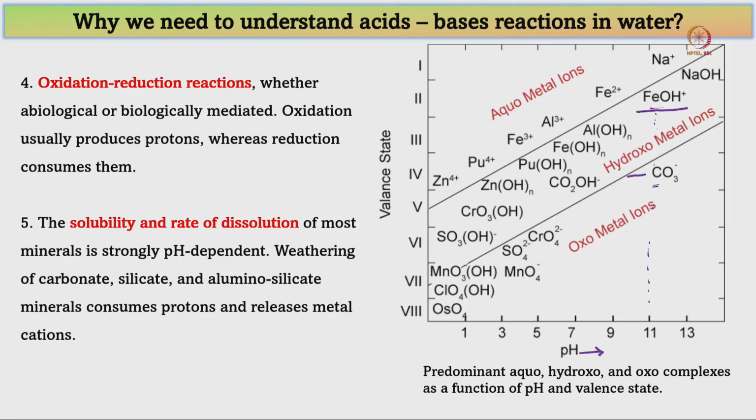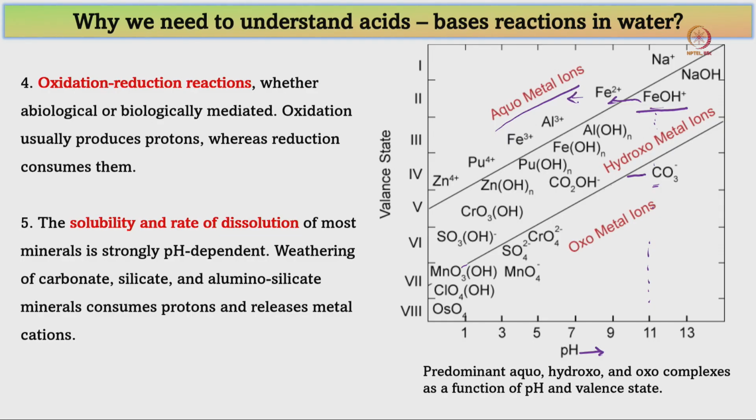Now, if I am decreasing the pH, then it will start moving into the stability zone of aqua metal ions. That means Fe2+, the occurrence of Fe2+ will start getting stabilized here.